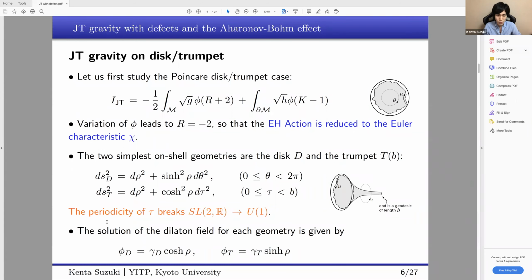So this periodicity of tau actually breaks the original SL2R global symmetry, which is the global symmetry of Euclidean AdS2 or hyperbolic space, down to U1 symmetry, which is basically just rotational symmetry around this hole.